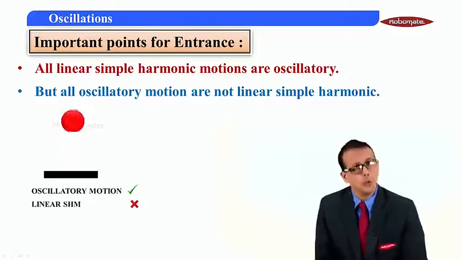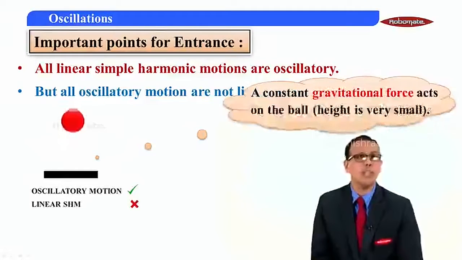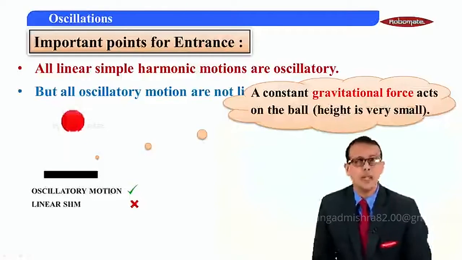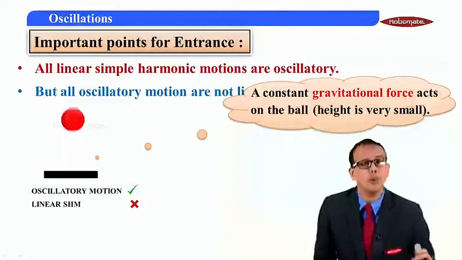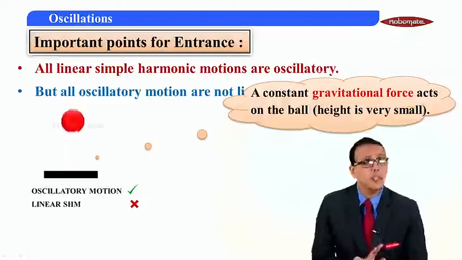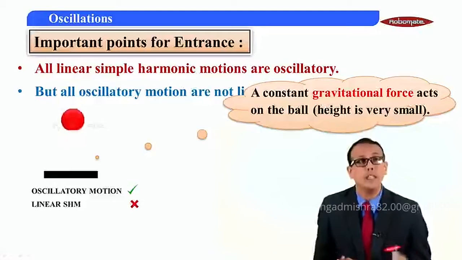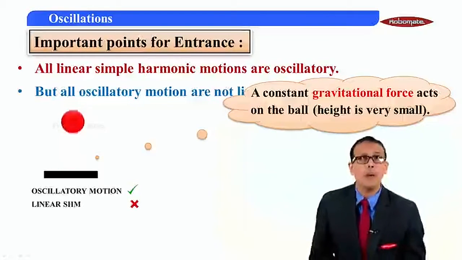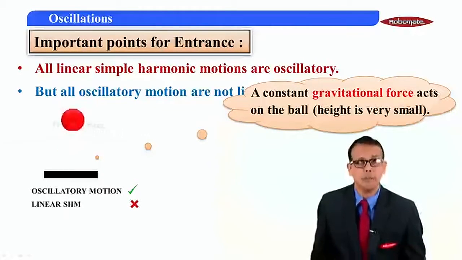The answer is no. As we know, the force acting on the ball is its weight, which is gravitational force, and in oscillation we have studied that for very small heights this magnitude of force remains constant. That means it is not proportional to x, it is independent of x, it remains constant. So the ball is performing oscillatory motion, but this is not a linear SHM.